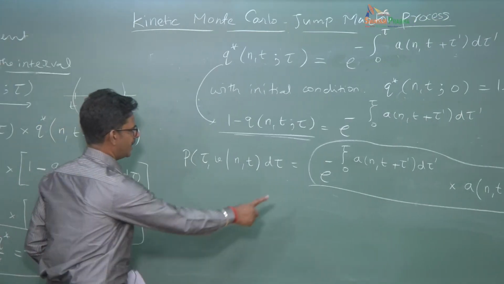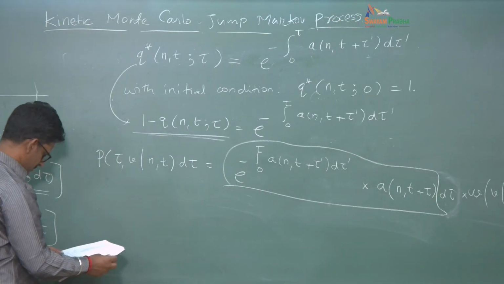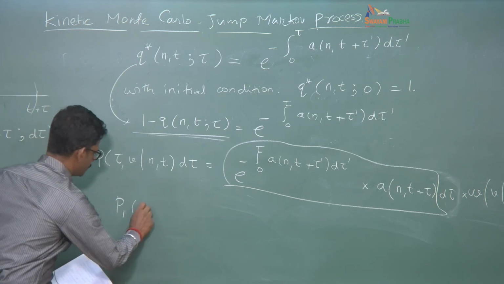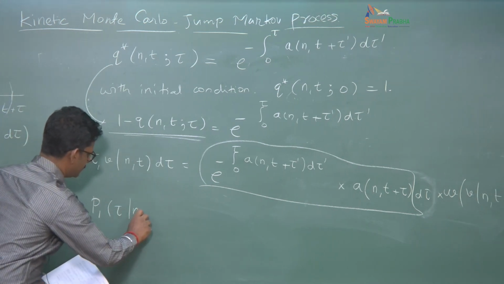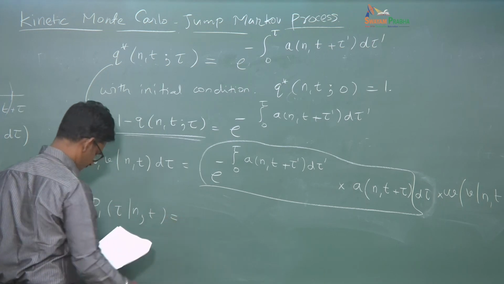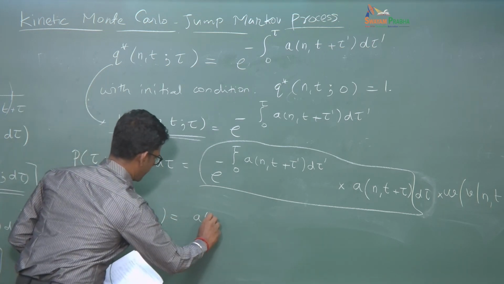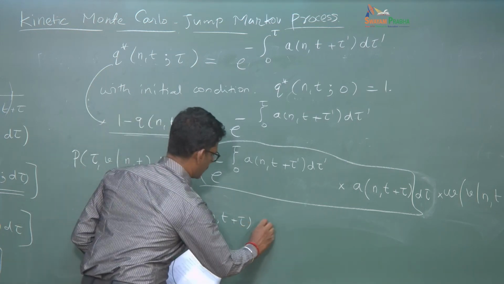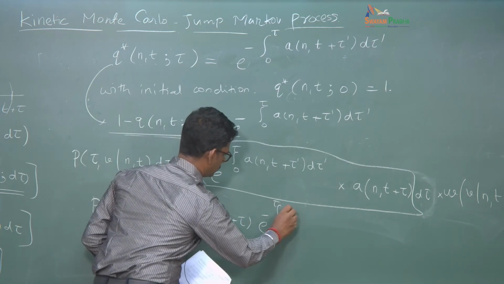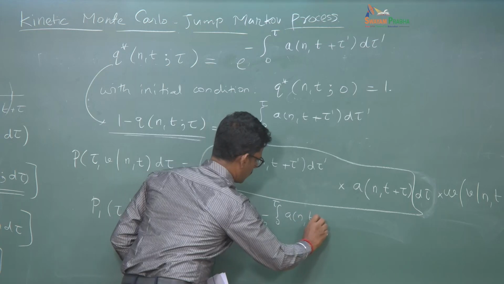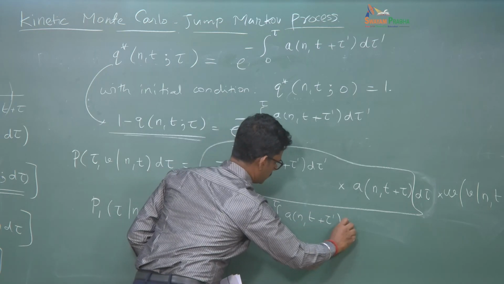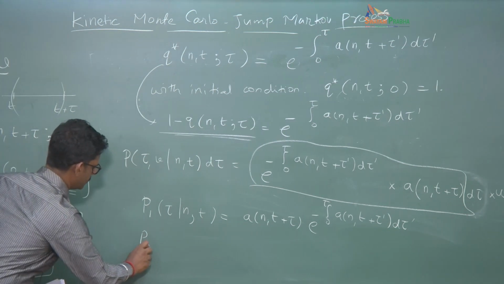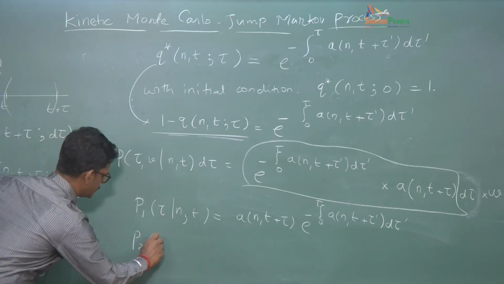So we call this entire thing P1, which allows us to choose the next jump time, and P2, which is the choice of the new state, nu.